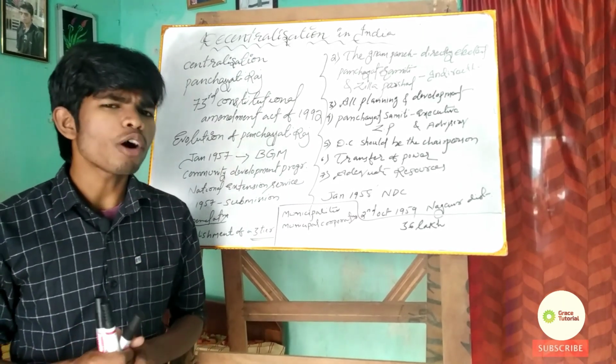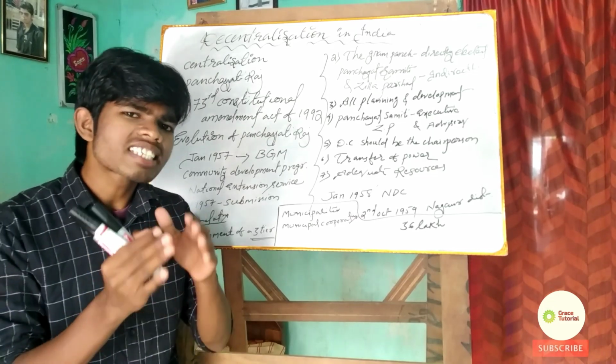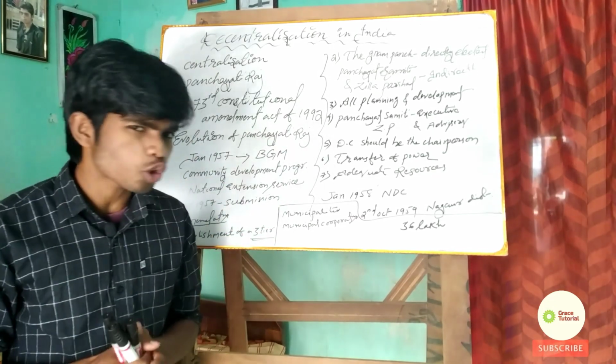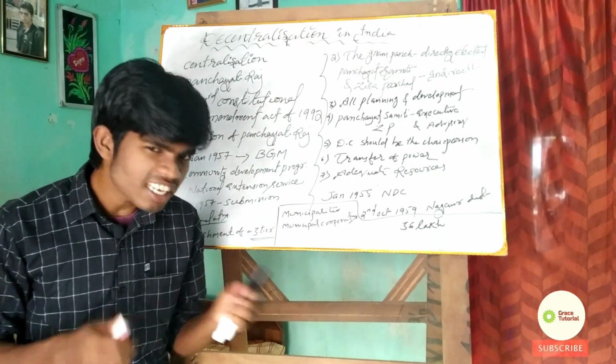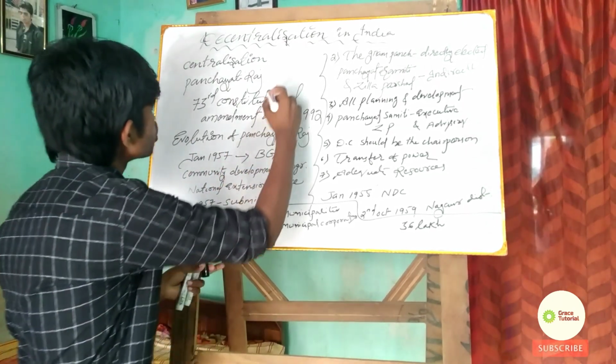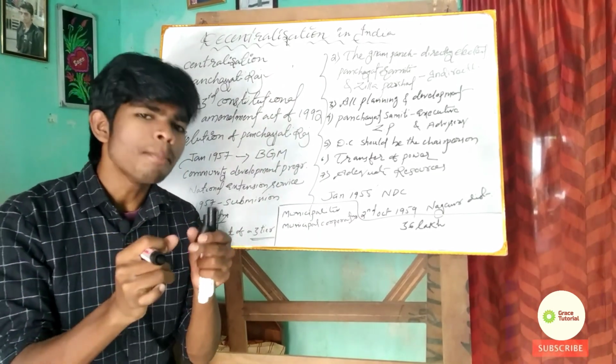Before we come to the evolution or establishment of the scheme of democratic decentralization, let us try to understand one of the most significant terms, that is Panchayati Raj. So what does Panchayati Raj basically mean?